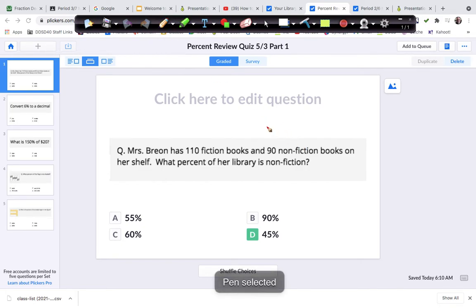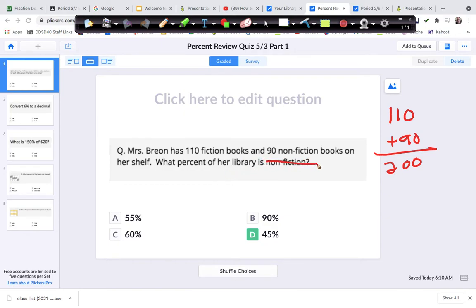Okay, so Miss Breon had 110 fiction books and 90 nonfiction books on her shelf. One thing that maybe you didn't know that you needed to do here, it's not that you weren't told specifically to do it, but in order to get a percent, you need a total. So that's 200 books. And the question is, what percent of those books are nonfiction?